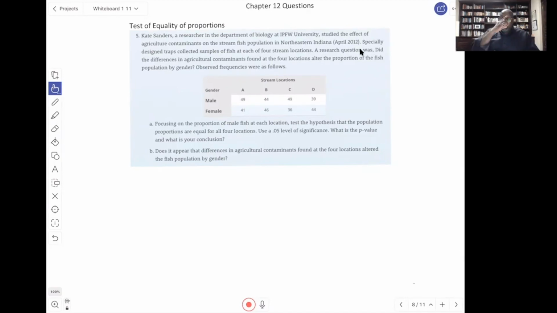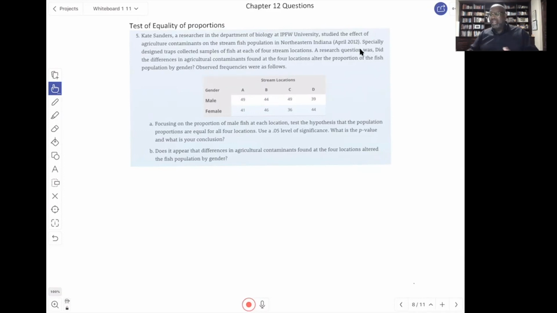You would expect that if the contaminants had no effect on gender, then each of those locations, randomly selected, should have more or less the same balance in terms of gender for the fish, right? But we are going to look at the actual data that we found and see what we're going to do with that.